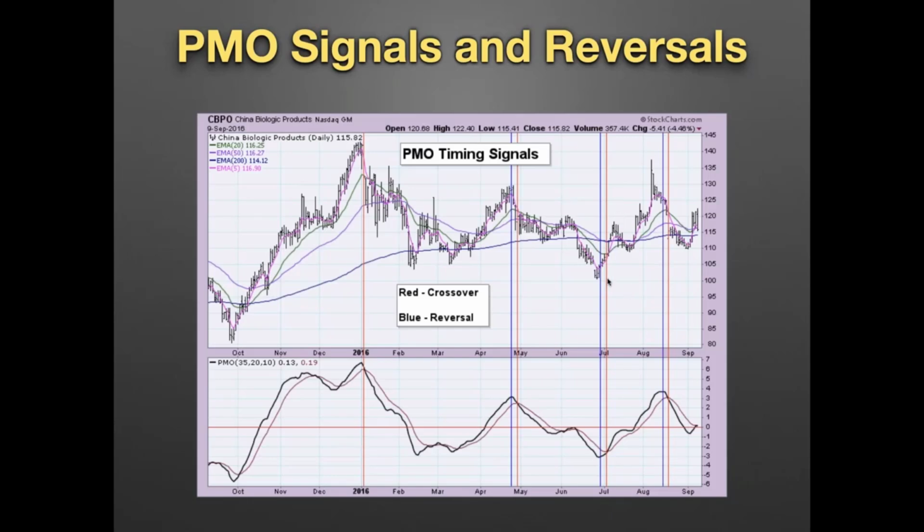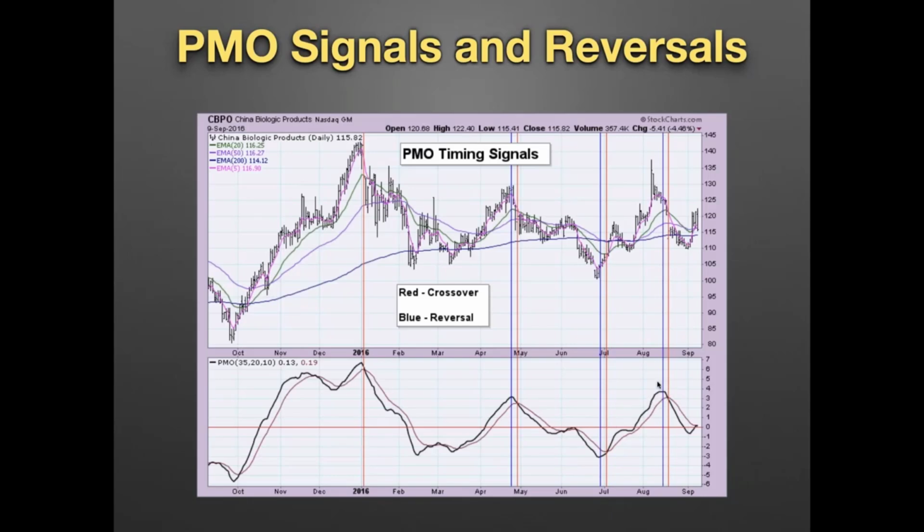Now I would say you can notice that we didn't get that much follow through up through here. And that is likely due to the fact that the PMO was rather negative when we got this signal. So that can also alert you to whether the signal is going to be strong or weak. And obviously weakness is below the zero line and strength is above the signal line.